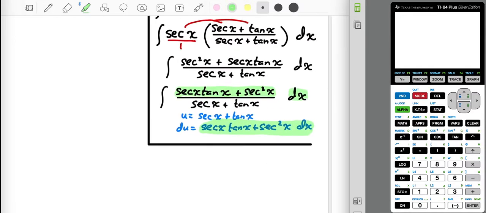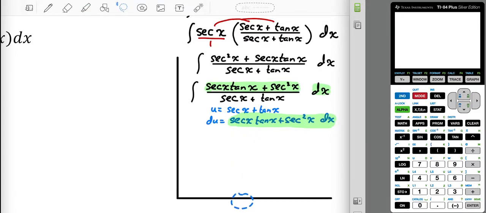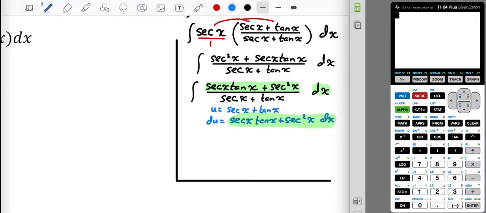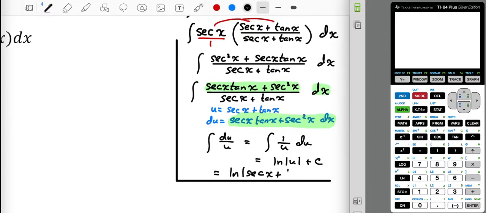Alright, so we're looking at just a du over u. Now that could also be written as 1 over u du, which is the natural log of u plus c, which in turn, because u is secant x plus tan x, would be the natural log of secant x plus tan x plus c.